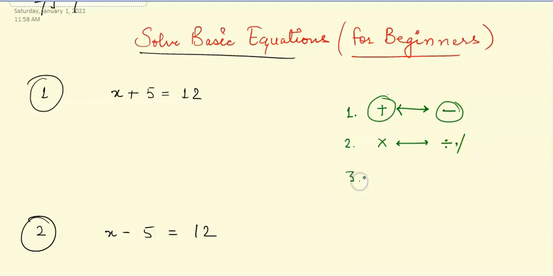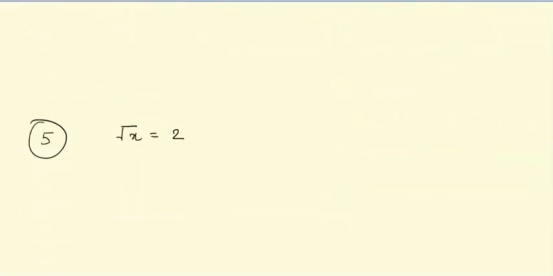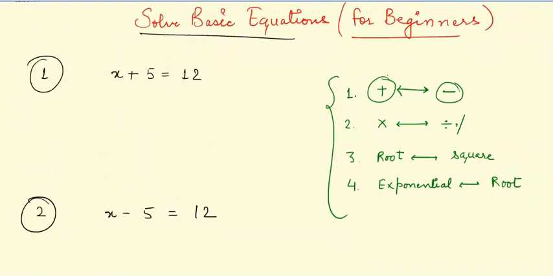And thirdly, when you have a root, you interchange it with a square, or you can say fourth, if you have an exponential term in the equation, then this will always relate to root, right? So considering these 4 steps, we are going to solve these problems which are given here.